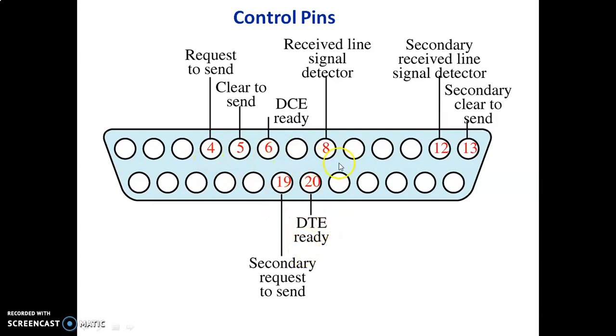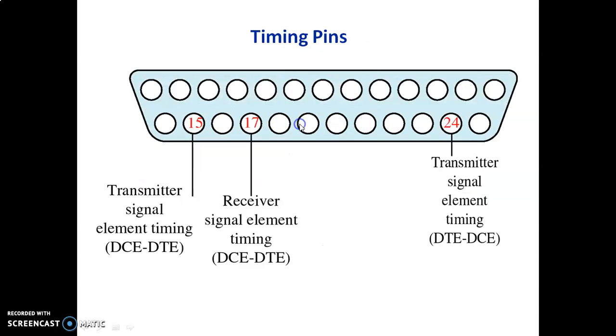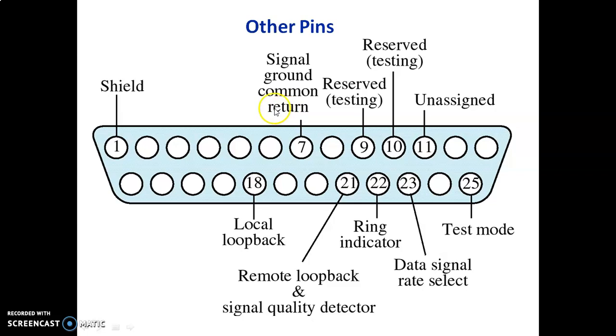Some pins are reserved for future use. These are the timing pins: 15, 17 and 24 are considered as timing pins. Pins 1 and 7 are for shield and ground, and 9, 10, 11 etc. are considered for future use.